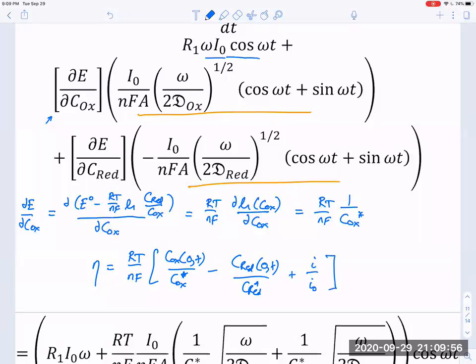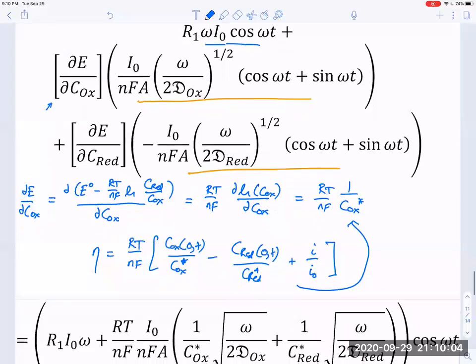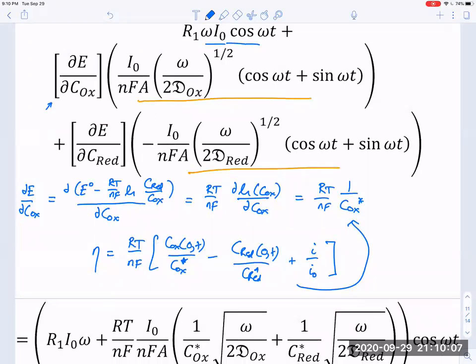So we're using this linearization to get this final portion, where we get the change with respect to the bulk oxidized species concentration. So that's this little portion.